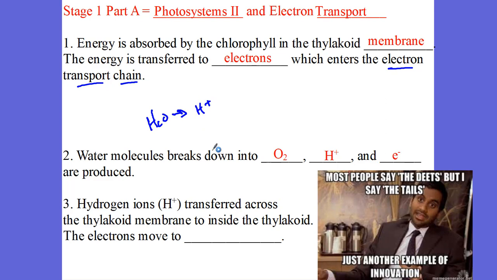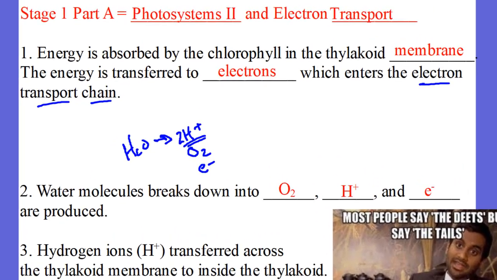It's going to break down into H+, O2, and actually 2 moles of H+, O2, and high energy electrons. And you can see these H+, these protons, are going to be transferred across the thylakoid membrane, inside the thylakoid. And the electrons are moved to photosystems 1. So that's called photosystems 2 and the electron transport chain.